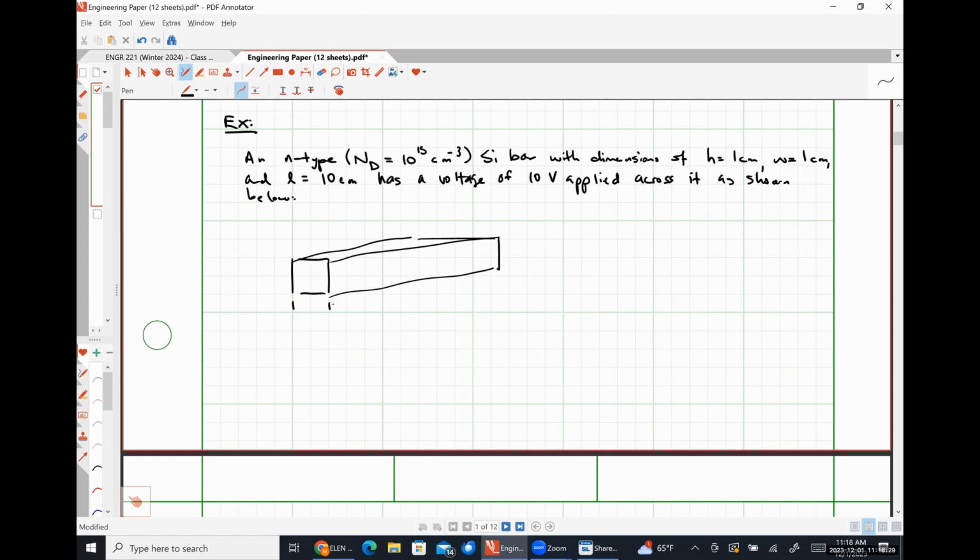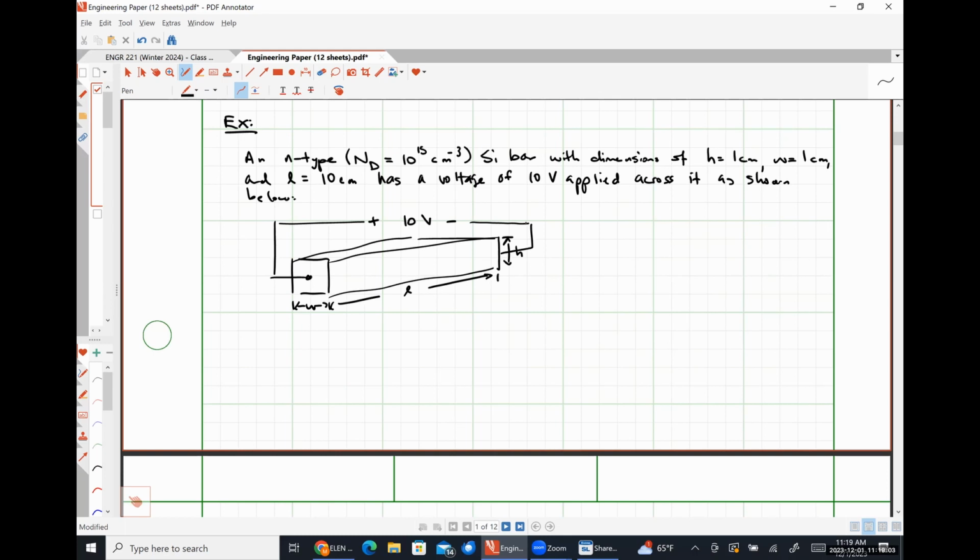So let's call this dimension the width, this dimension the length, this dimension the height. And we apply an electric potential of 10 volts across the length of the bar like so.